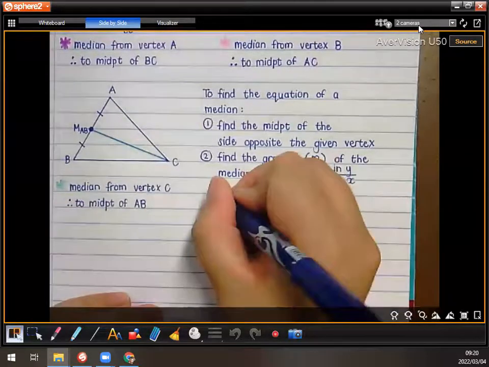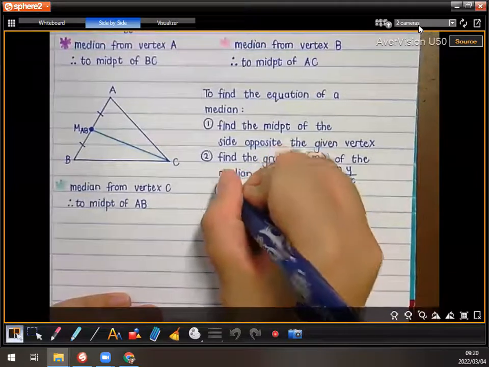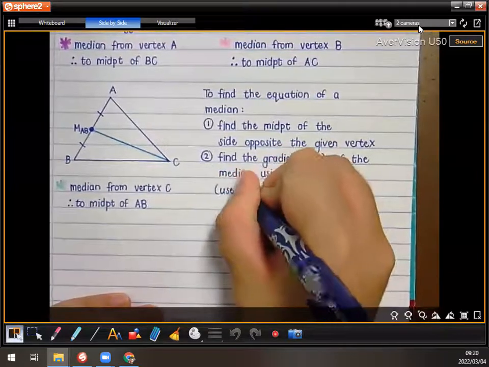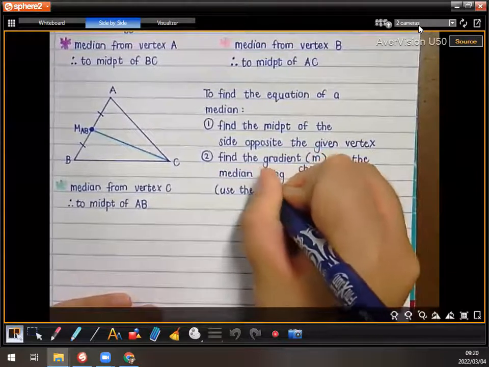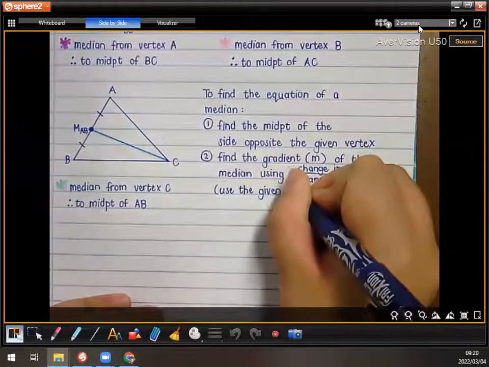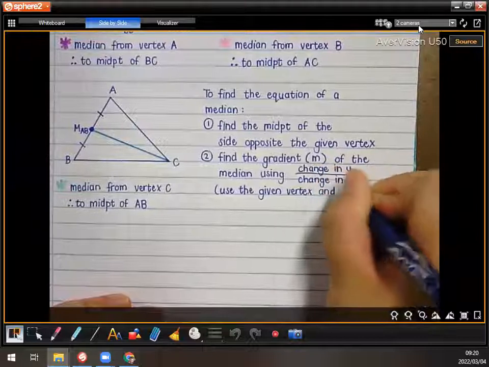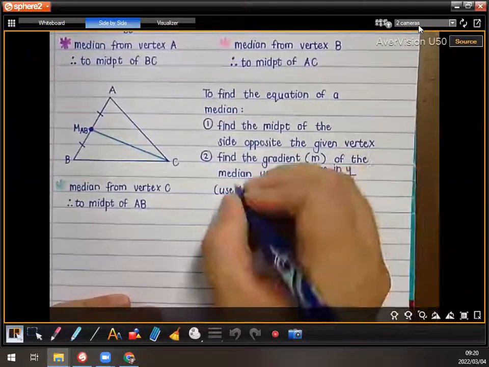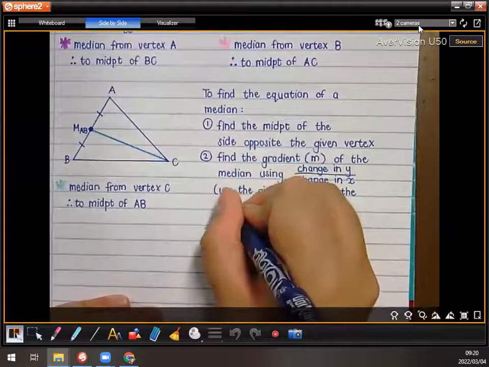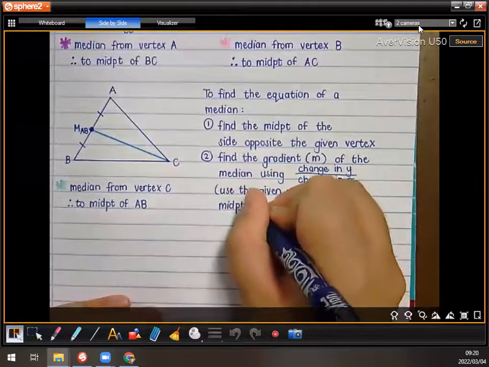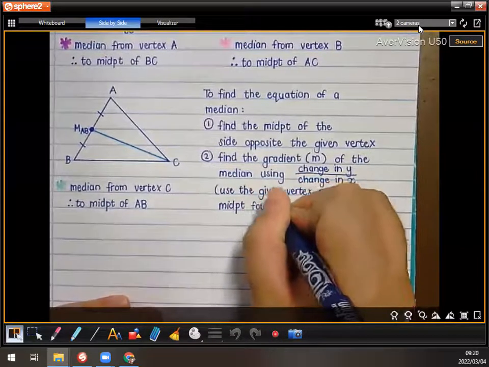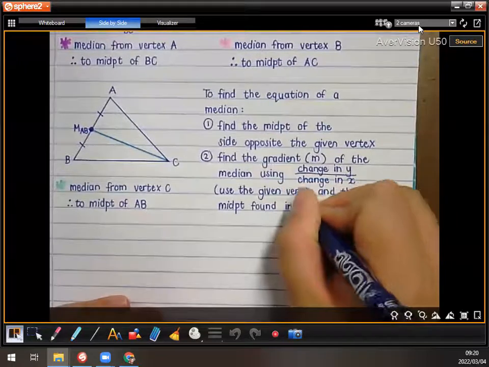I'm going to write that in brackets: use the given vertex and the midpoint found in step 1.